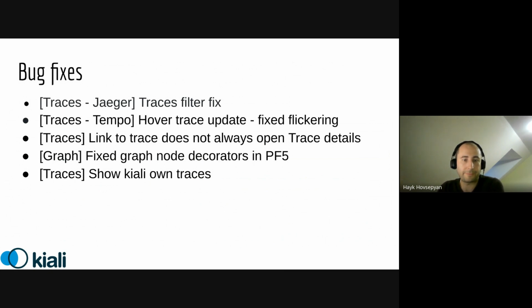Then, linking to a trace was not always opening the trace details. It is now fixed as well. On the graph, we have node decorations, and on Kiali services and workloads, it now shows its own traces as well.